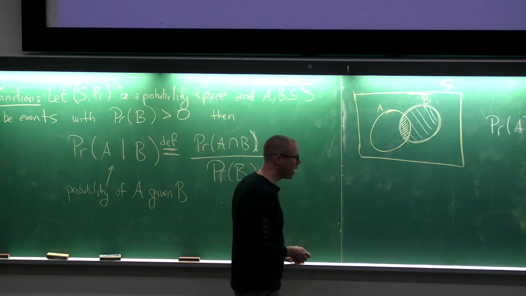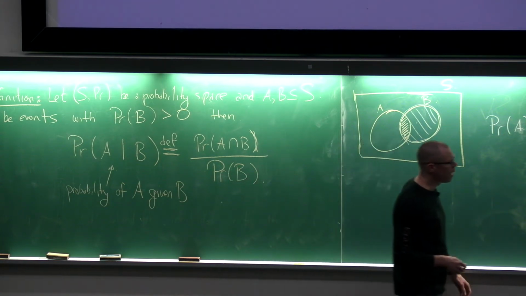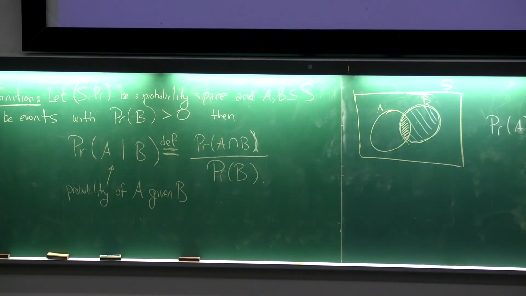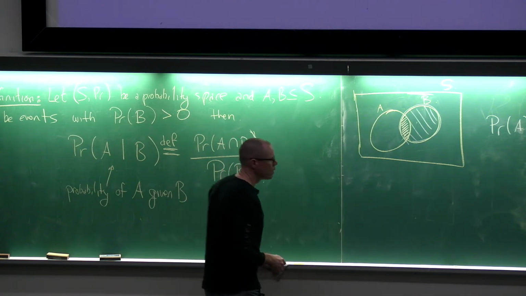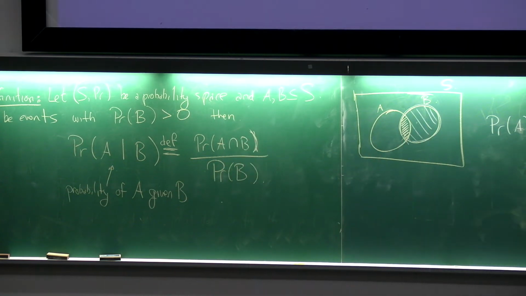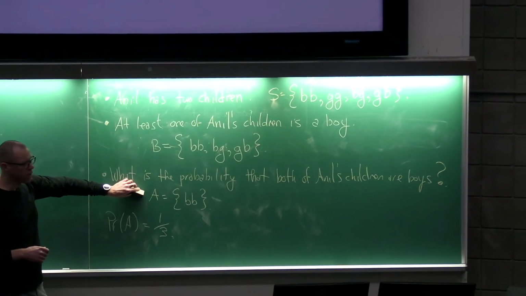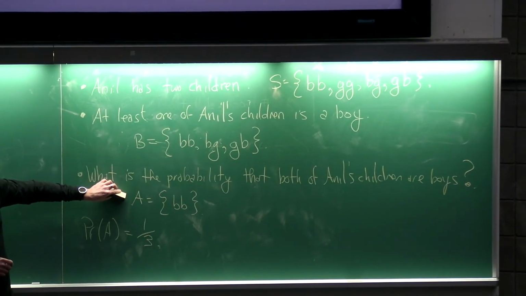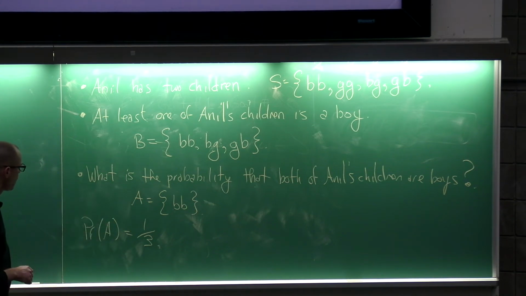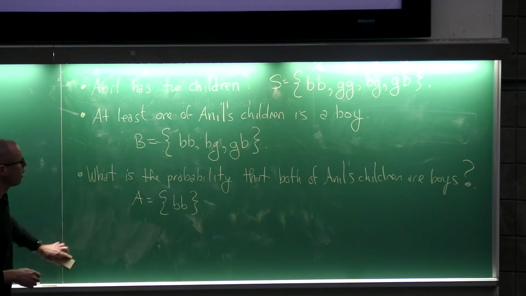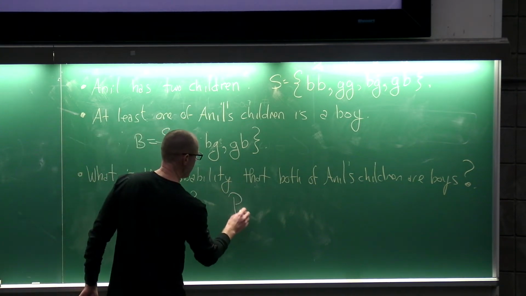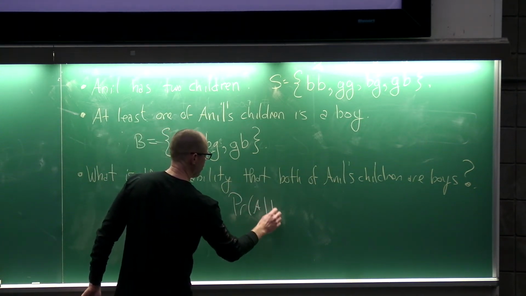But let's test it out on this problem here. All right. So B was the event, at least one of Anil's children is a boy. A was the event, both of Anil's children are boys. And the question is asking, what is the probability of A given B?